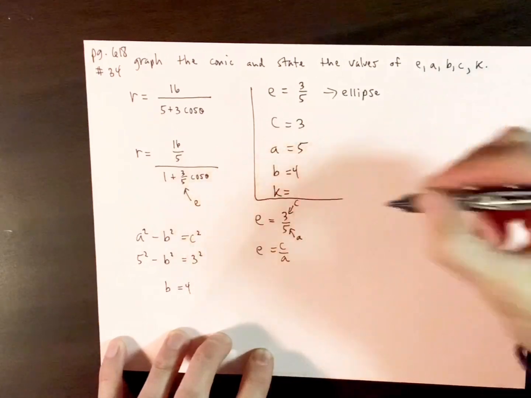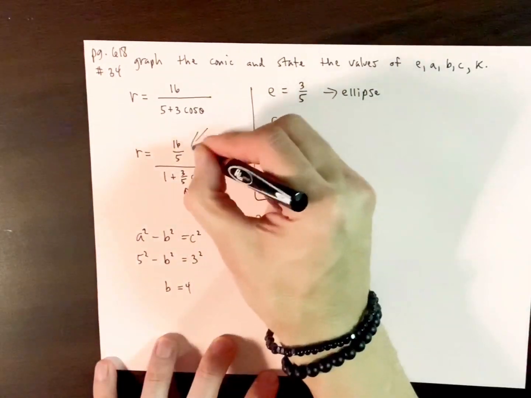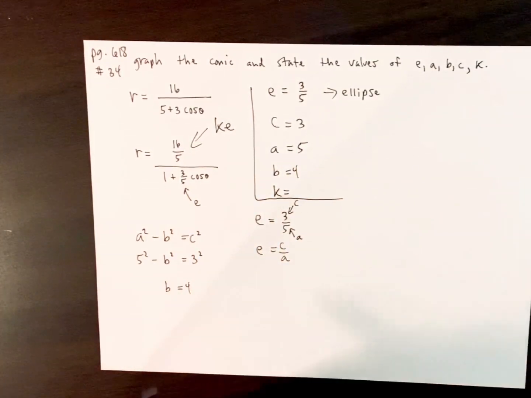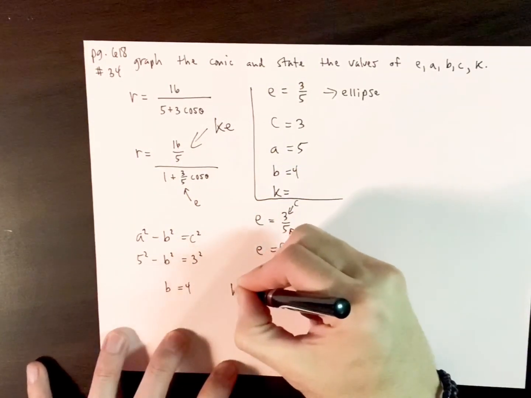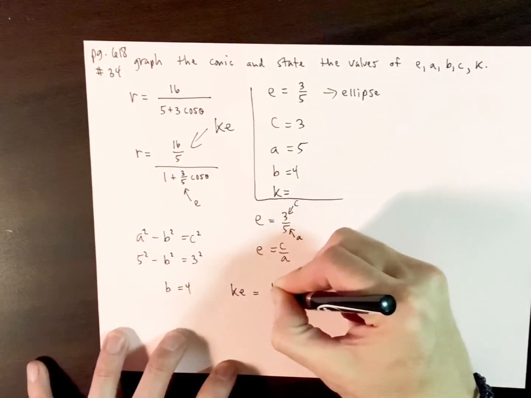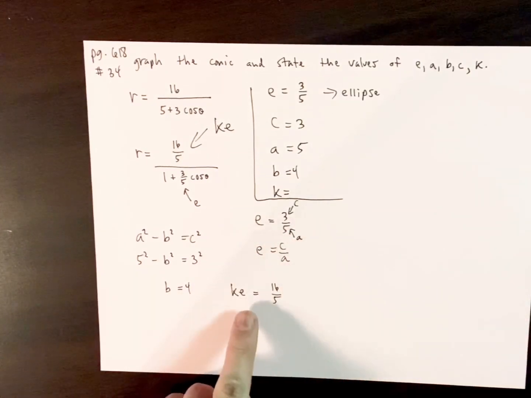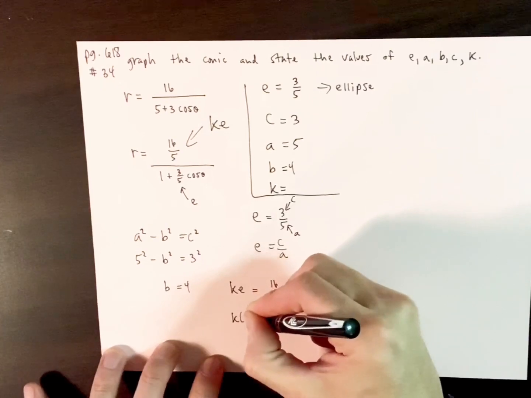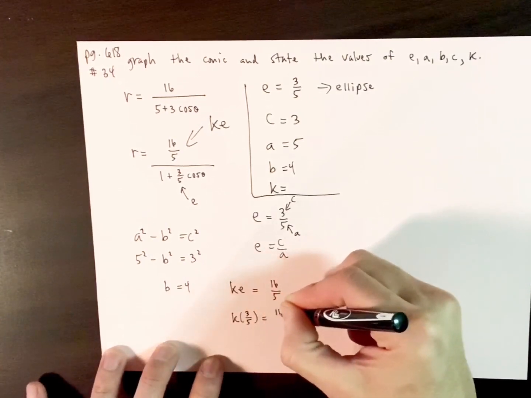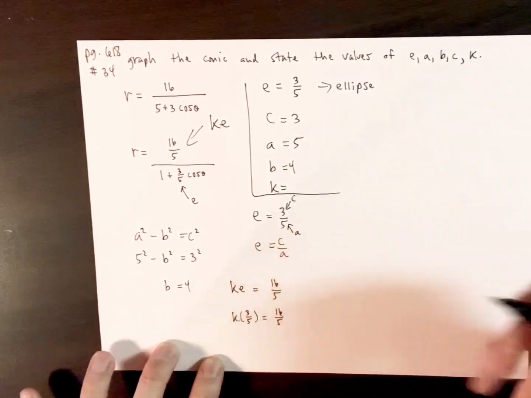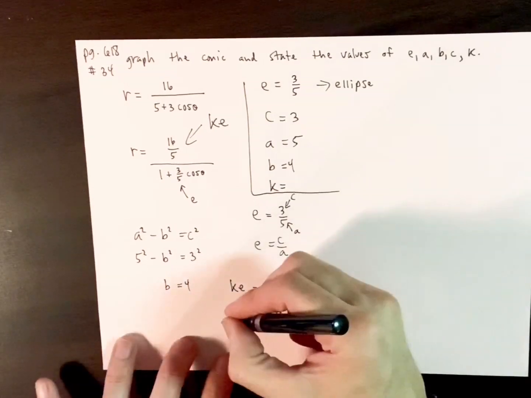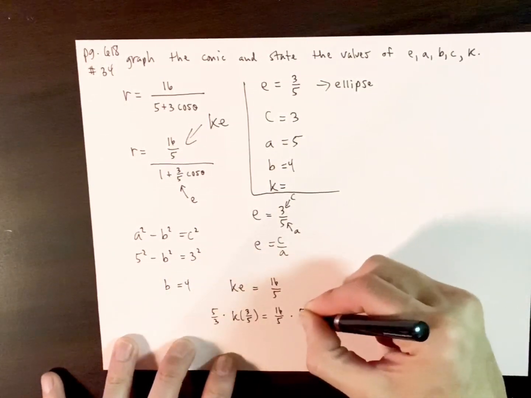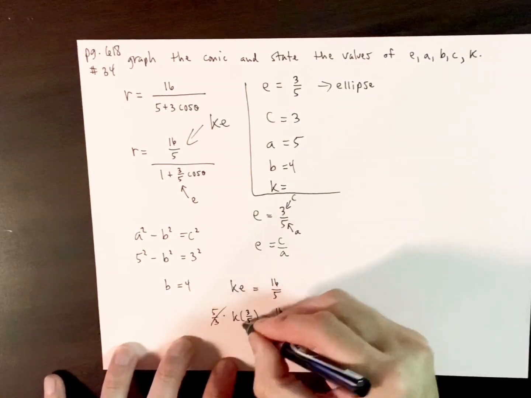Okay, so remember, to find K, that numerator is KE. Remember that from the previous video? So we know that KE is 16 over 5, but we know what E is, 3/5. So I can multiply both sides by the reciprocal, 5/3, these are gone.